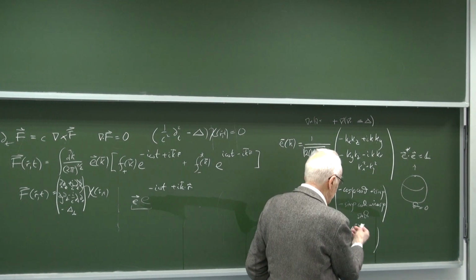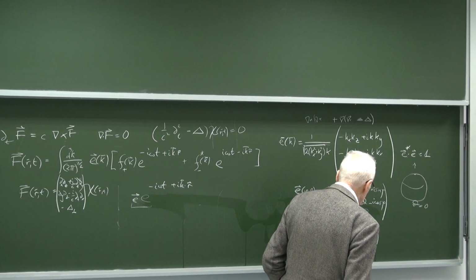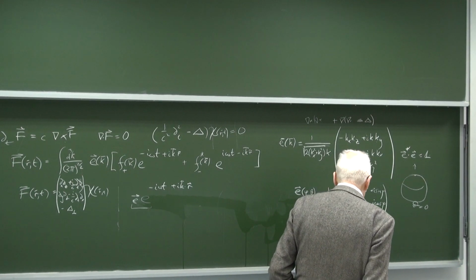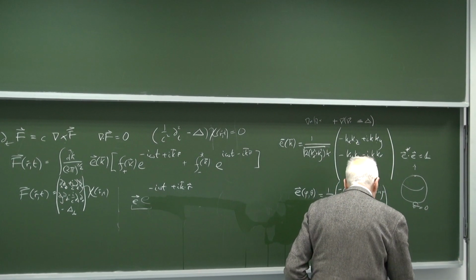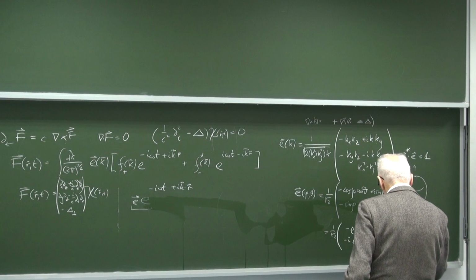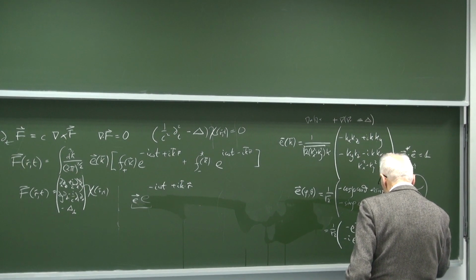And much more familiar, since this is a solution for any phi, of course, I have chosen theta, so I can choose phi. So I choose phi in such a way just to make life indeed very simple.